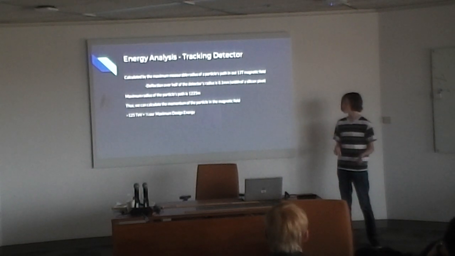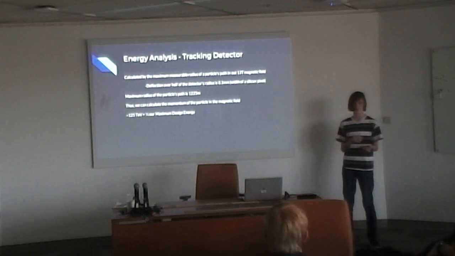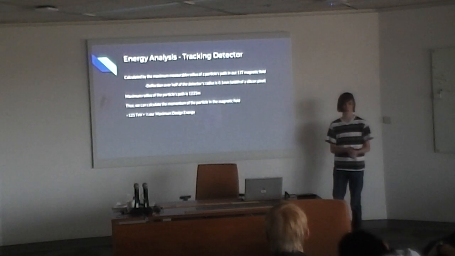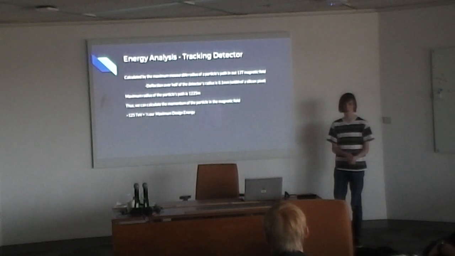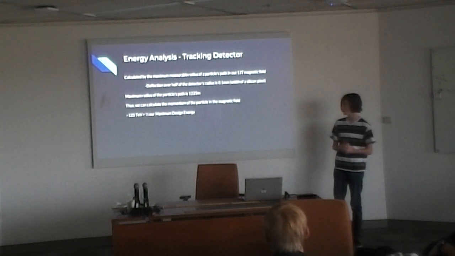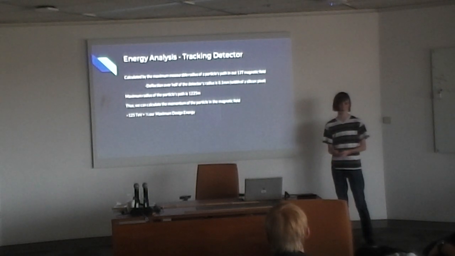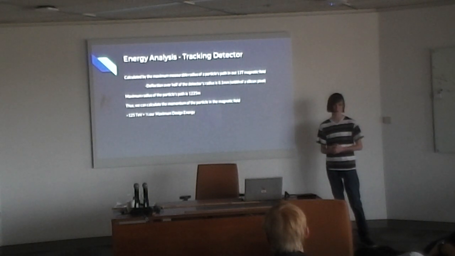That also allows you to calculate, using p equals BRq, the maximum potential momentum that we can measure with the detector, which is 125 TeV, about 1/3 of the maximum energy of the accelerator.